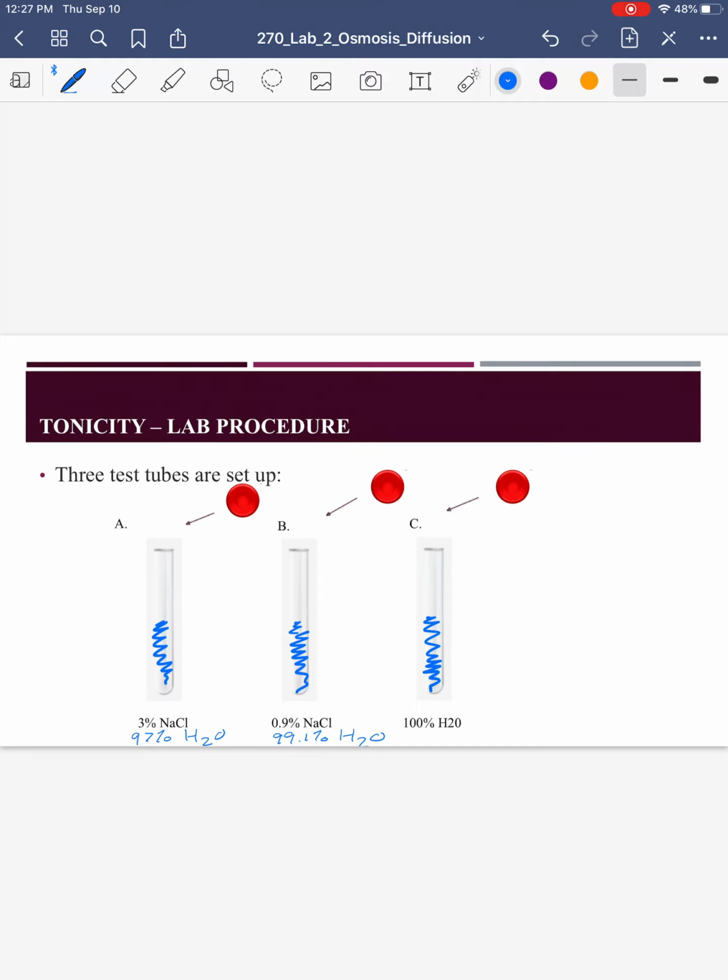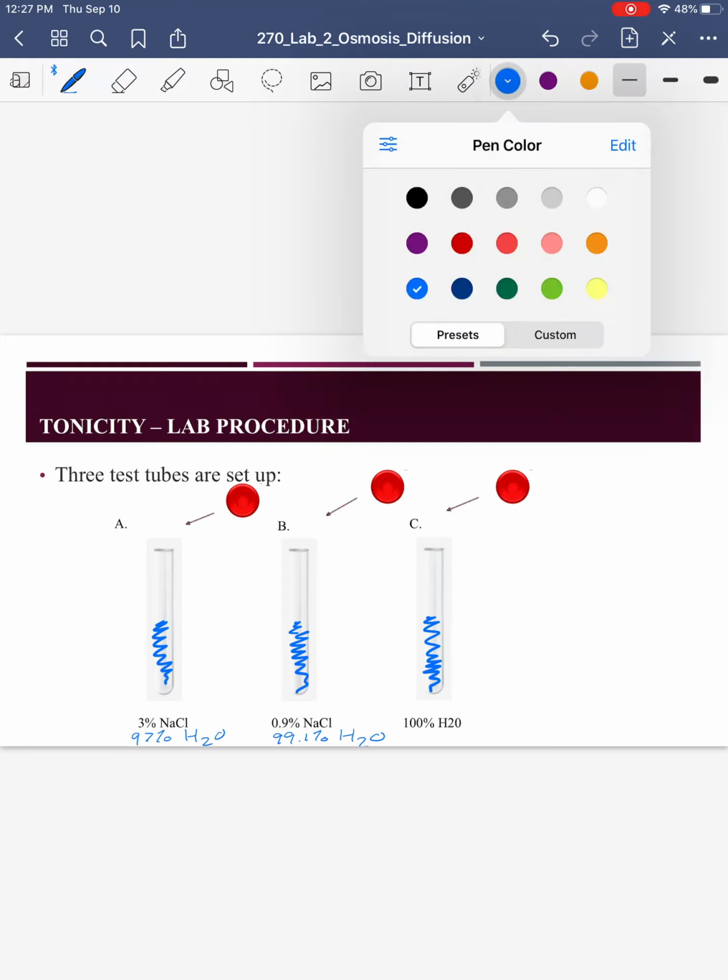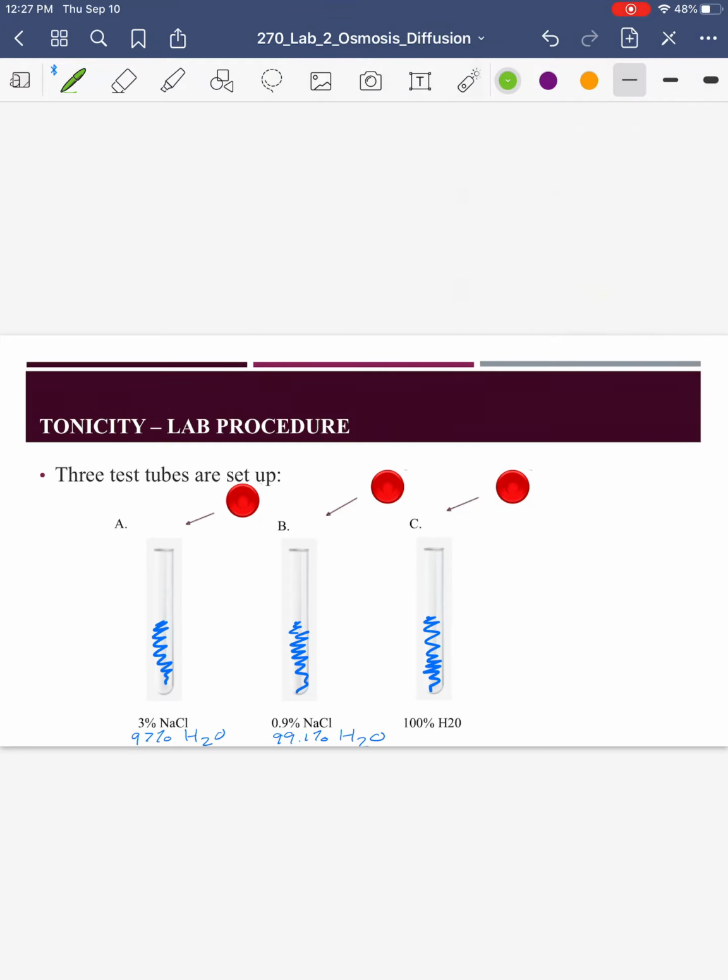Now these percentages may seem a little random to you, but they're not. So when we're talking about these, 3% is similar to seawater. So if you go to the ocean and it's salt water, it's usually 3 to 3.5% salt.